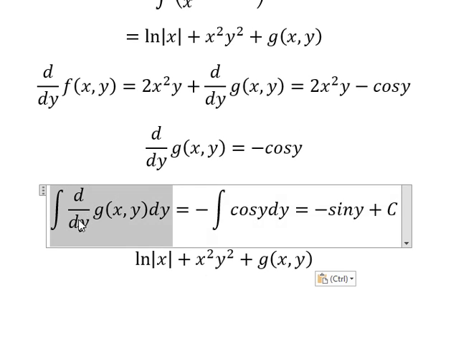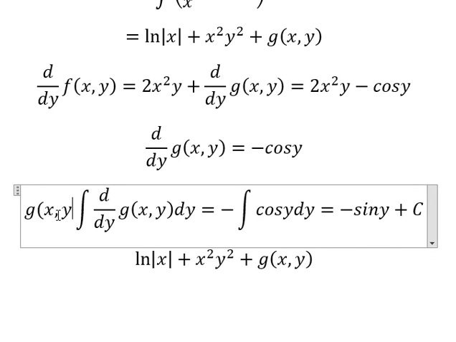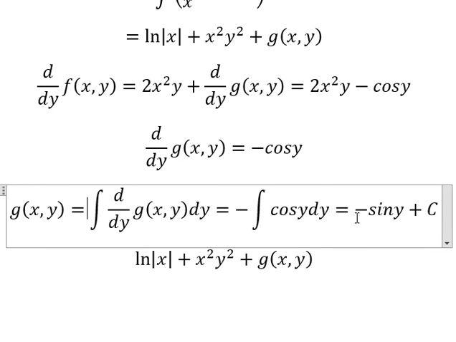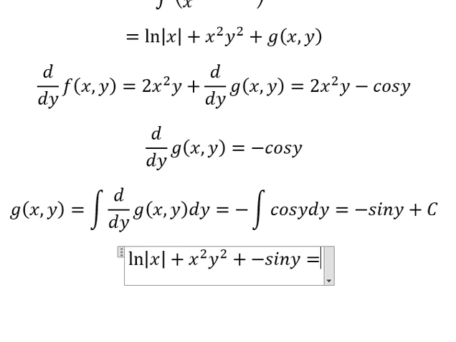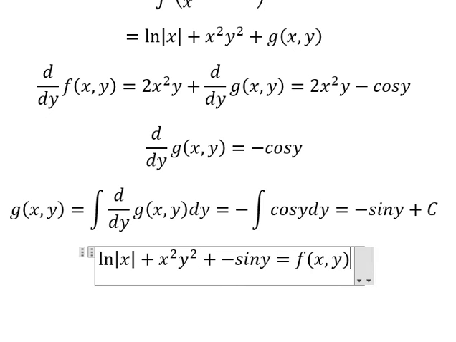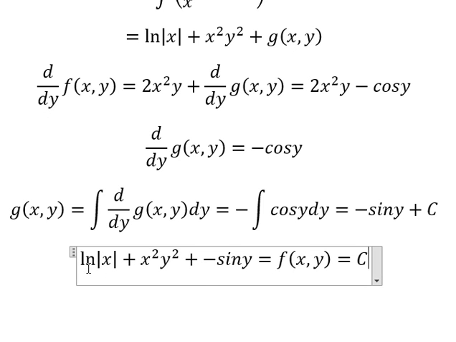So the integration of this one, we have 3xy. 3xy equals to this one. Now I will put this one equals to f(x,y). f(x,y) equals to c. And now we have like this.